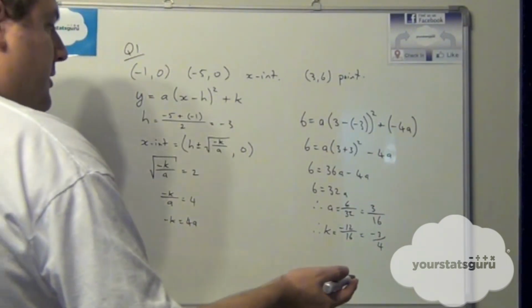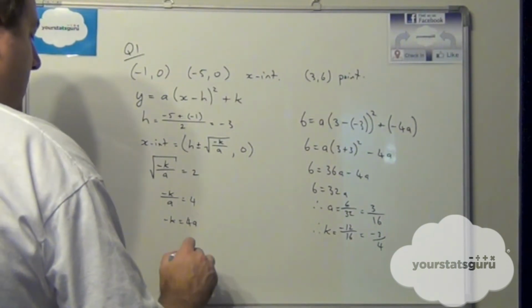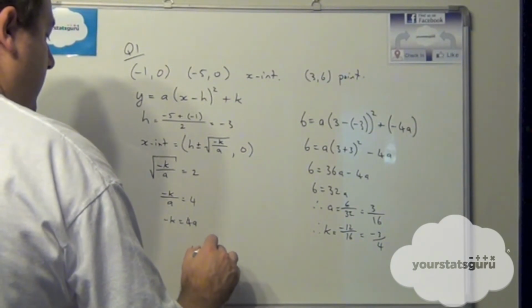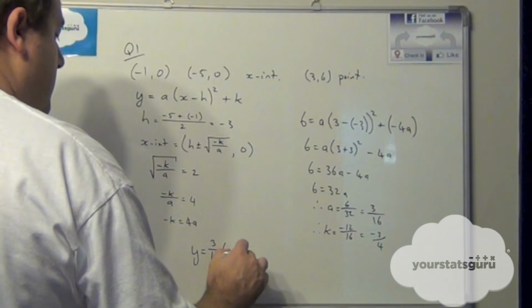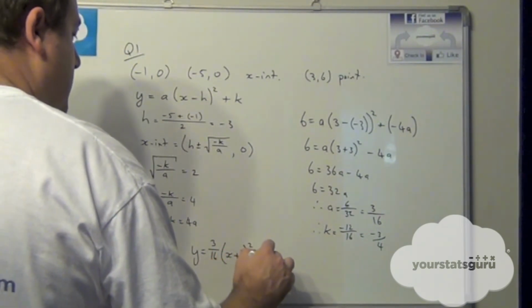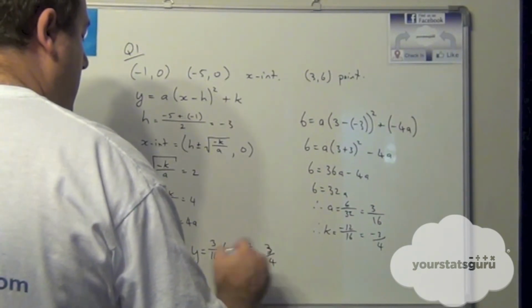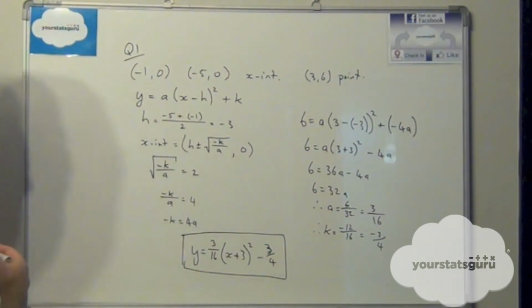And so our final solution, the thing that we're actually looking for, is this equation, which will be that y is equal to 3/16 of (x plus 3) squared minus 3 over 4. And that is our final solution.